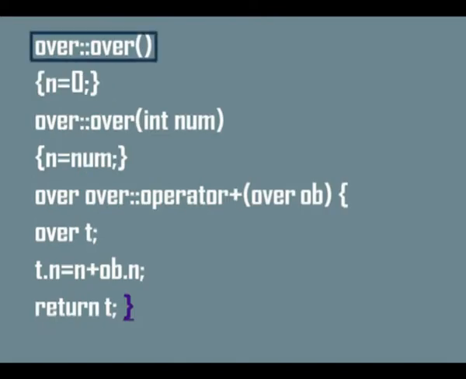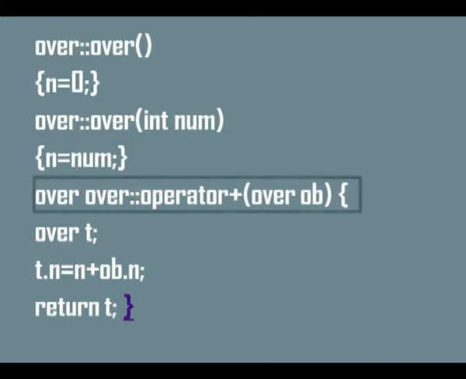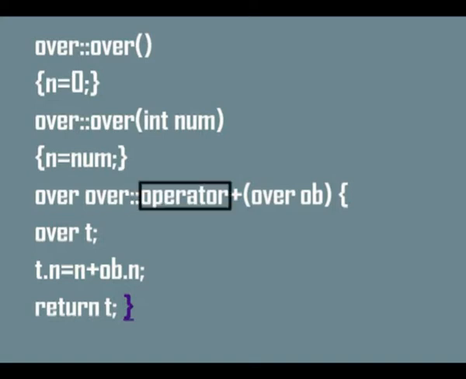You are having the first constructor function initializing to 0, and the next constructor function where you are initializing the data member to the number variable, and then you are having this operator function, whose return type is of type object, class name, scope resolution operator, operator keyword, the symbol and then over OB. This over OB is explicitly given over here only to identify the parameter as an object.